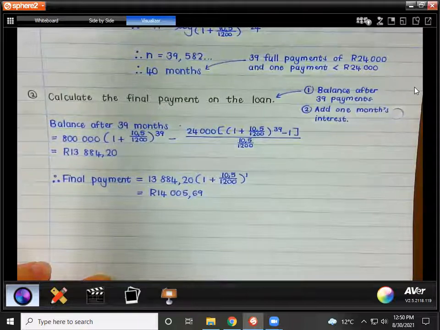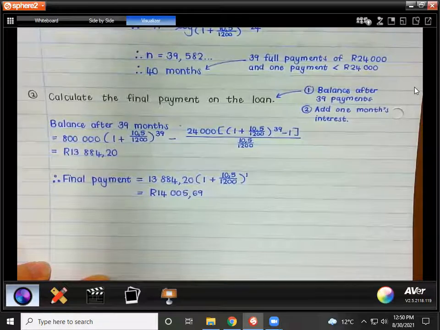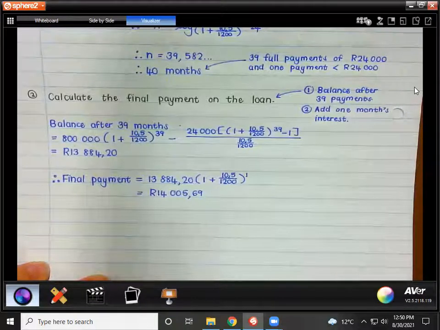Yes. Okay, Amar, what were you suggesting? You were saying we take the monthly repayment, so the 24,000 multiplied by 40 minus the loan plus all the interest. Okay, so let me see. 1 plus 10.